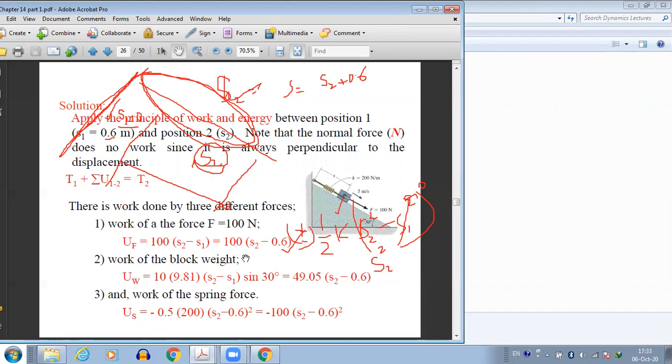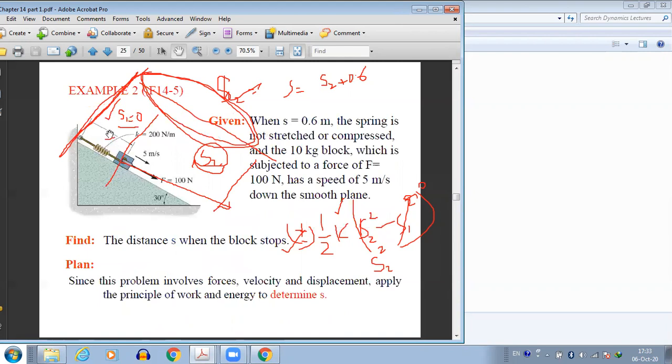The best way is, if you solve the same problem, but instead of calling this S, let's call it D, distance, so that nobody gets confused. So if this is D, when D is 0.6, S1 is 0. What will be the D when we find S2?